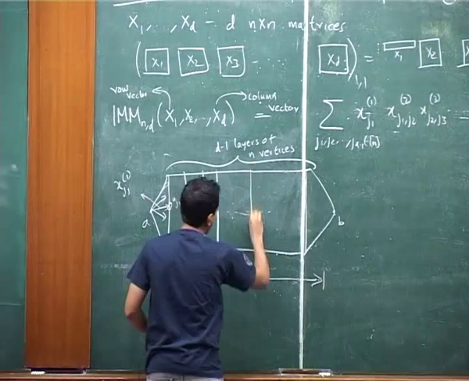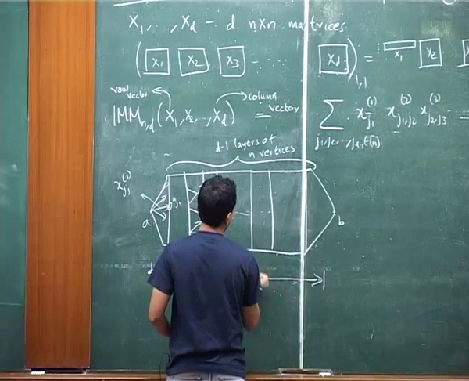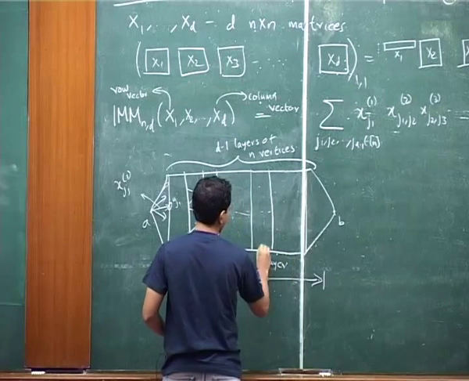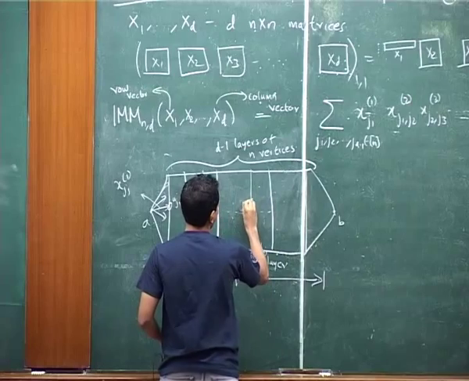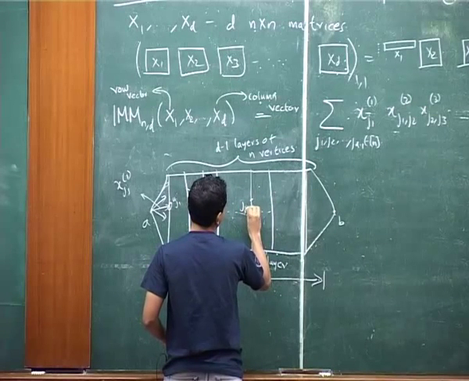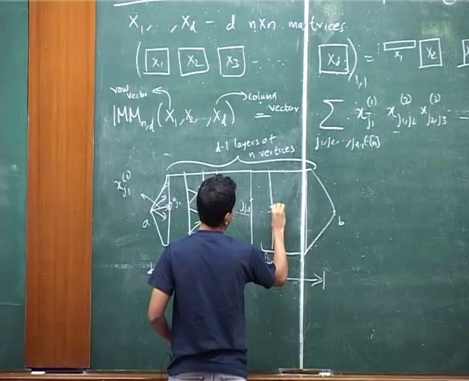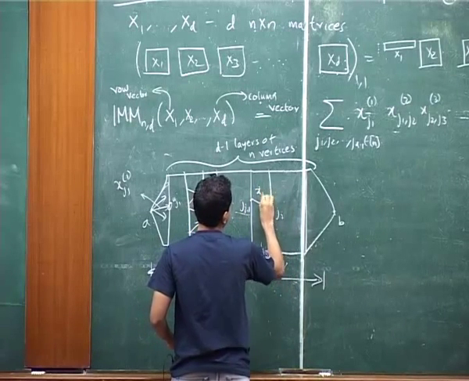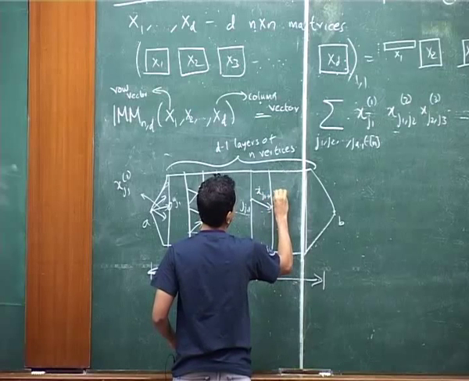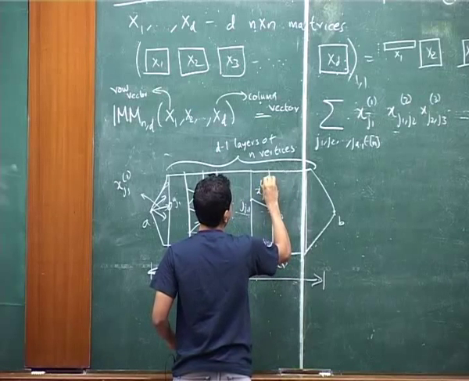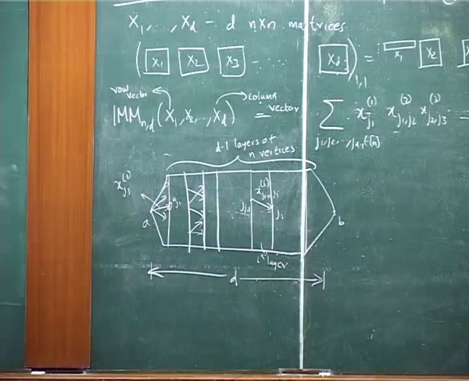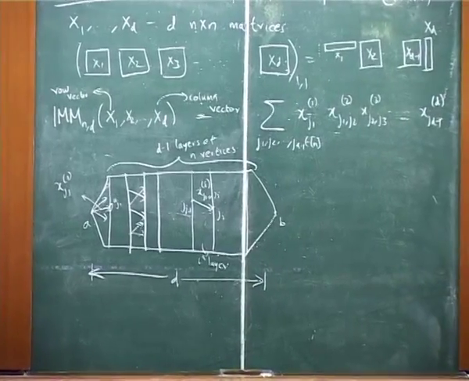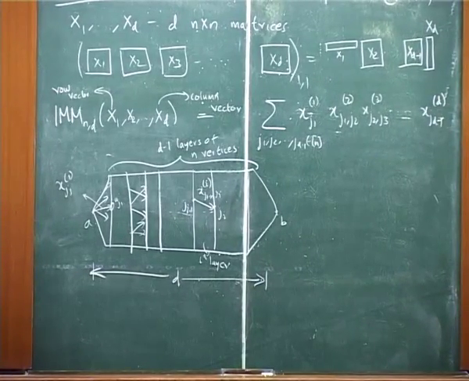In general, if I take a couple of layers in the middle, let's say this is the ith layer, and I take the j i minus 1th vertex here and the j ith vertex here, and look at this edge, the weight of this is going to be x j i minus 1 j i, and this is the variable that comes from the ith matrix. So I've just taken the variables that define the iterated matrix product and put them in this ABP.